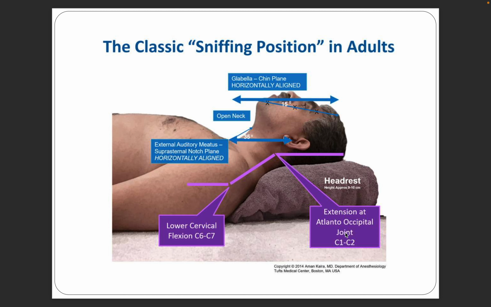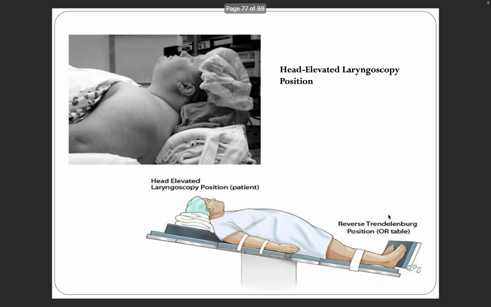There is extension at the atlanto-occipital joint and flexion of the lower cervical C6 to C7. Well, this is a very classical sniffing position which is given in adults.